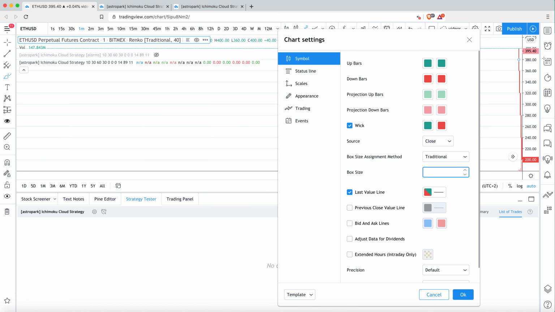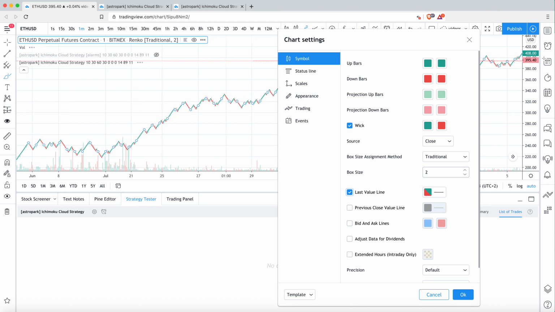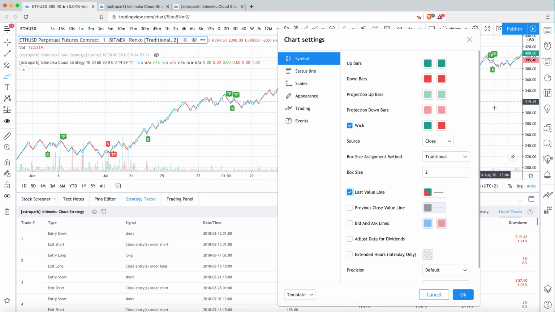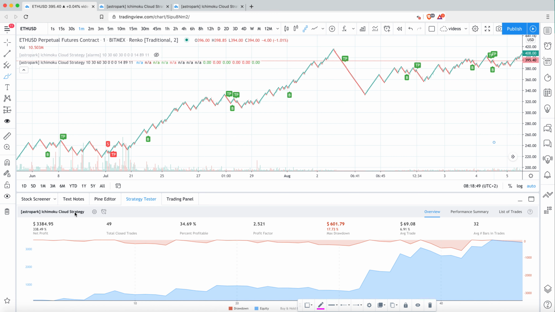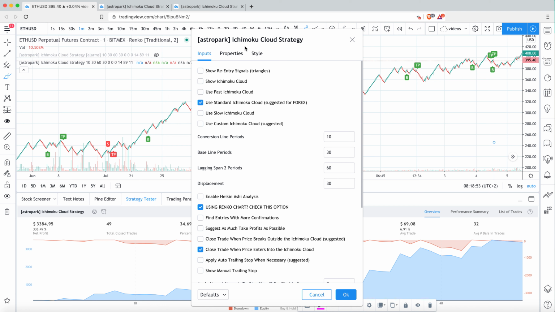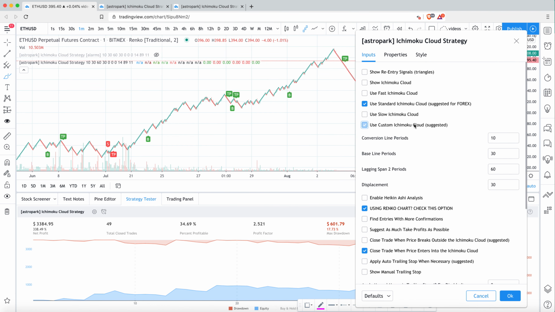So let's start with a box size of 2. And let's see. Two seems good. This is the forex, the custom. Custom is better. Yes, it's really better. I mean, a profit factor of 7 is somehow amazing.